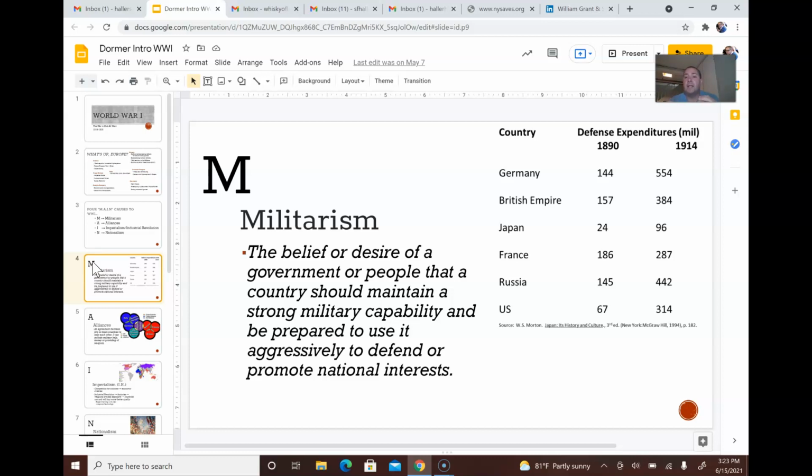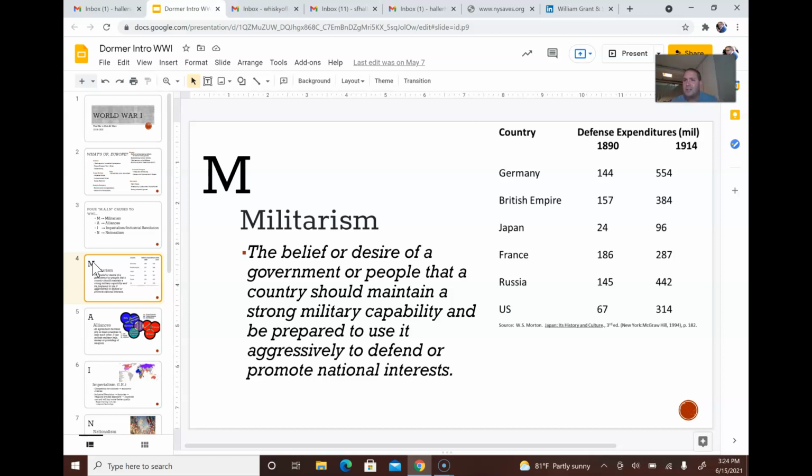Militarily, the late 1800s into the 1900s sees a huge jump in expenditures on military goods, right? Germany, you can see from 1890 to 1914, jumps their spending about 4 times.